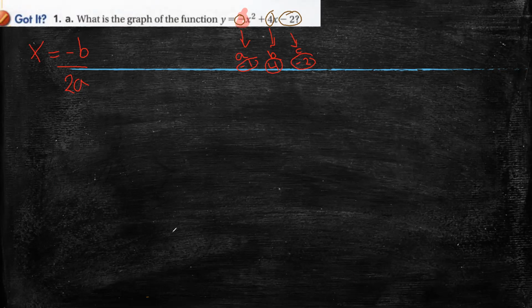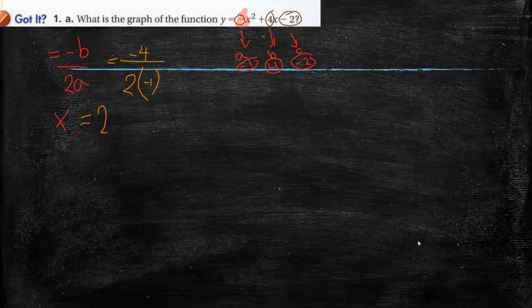Now let's come back here. So negative b over 2a. Where is negative b? It's here: negative 4 over 2 times negative 1. Negative 4 over negative 2 is 2. So I know now that x equals 2; this is my axis of symmetry.